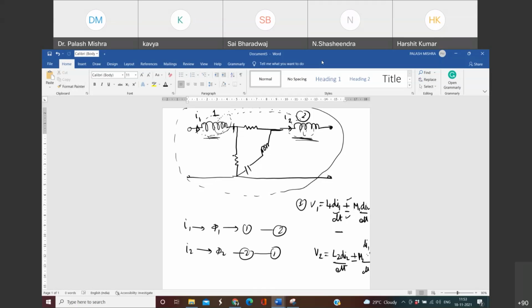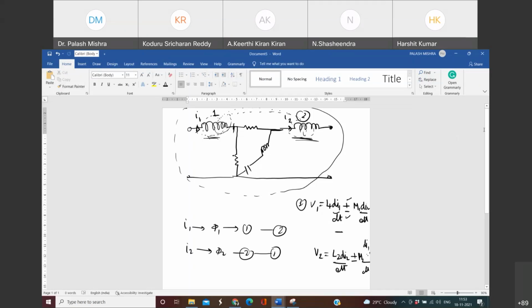Tell me, it should be additive or subtractive in coil 1. Anyone? No one knows? Any guess also would work. Would be plus, sir, because the flux produced by I1 and the flux produced by mutual coupling are in the same direction.